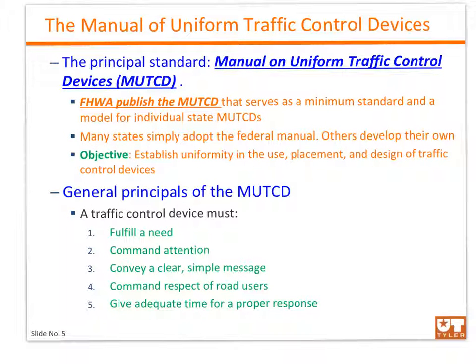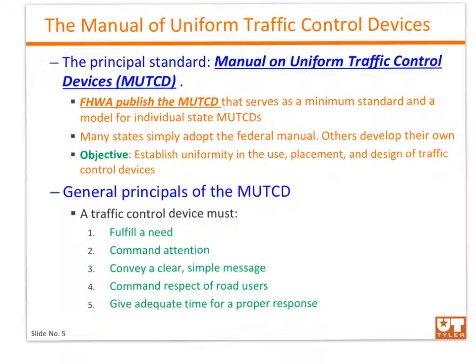So the major and principal standard that we typically use as traffic engineers to design markings, signs, and signals is the Manual on Uniform Traffic Control Devices, MUTCD. It's basically published by the Federal Highway Administration, FHWA, and it serves as a minimum standard and a model for individual state MUTCDs, because every state has its own version of the MUTCD where it handles most of the federal regulations as well as some of the local regulations as well.